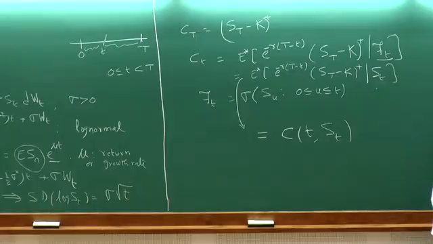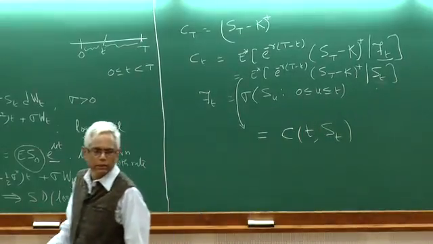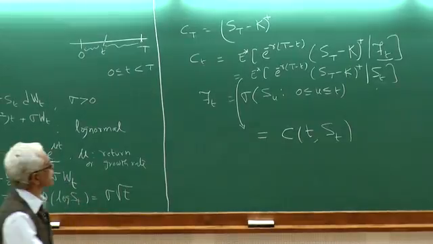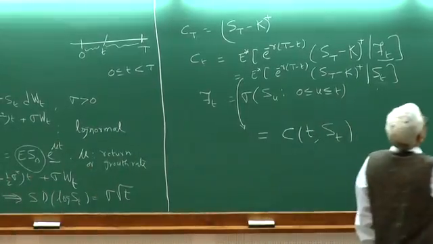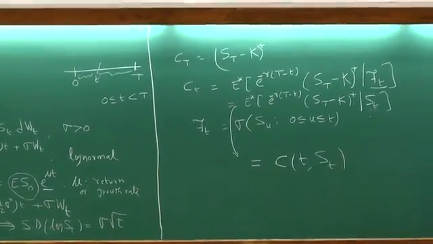We have defined strategies in discrete time. We have to define strategies, right? So what will be a typical strategy? Strategy phi will be a stochastic process.